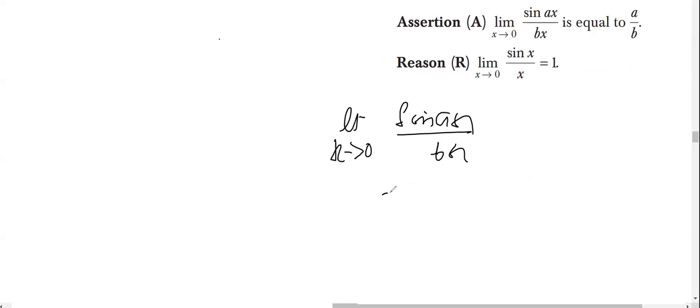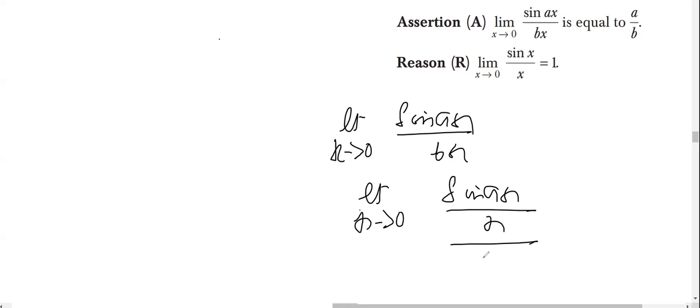So in the next part, we have this assertion: sin ax over bx, limit x tending to 0, is equal to a by b clearly. So we'll be dividing by x, and this bx over x. We see that these x get cancelled, and further we can multiply and divide by a over here.